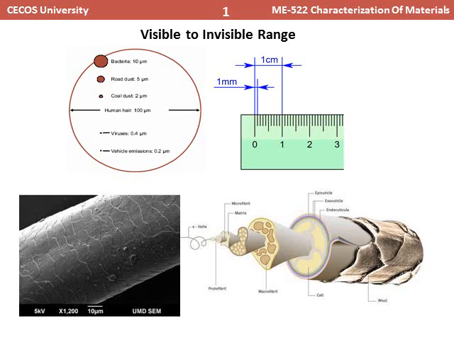So if you can see a circle on the top left hand side of this slide, which represents a diameter of a normal human hair. The diameter of this circle is about 100 micrometer.